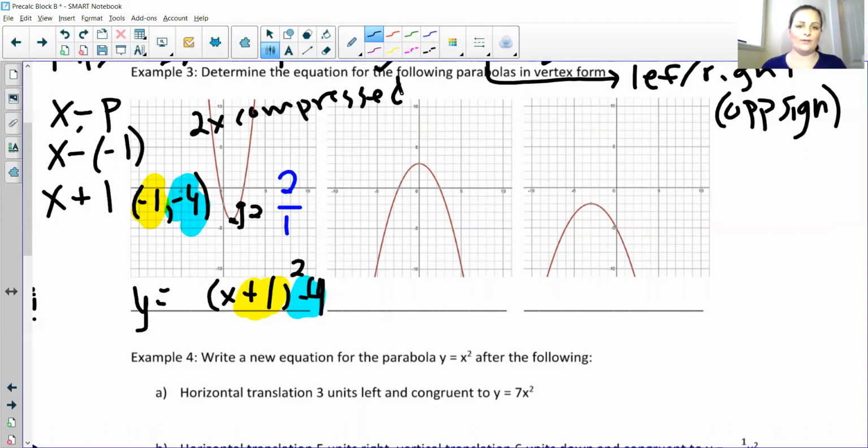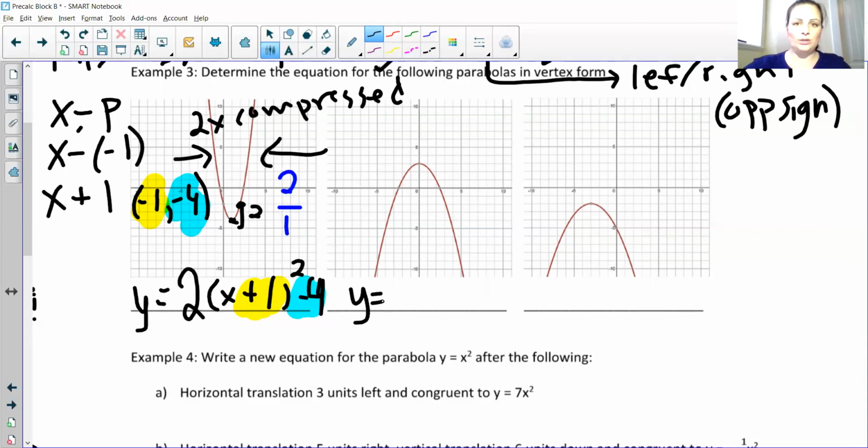And remember, if the absolute value, positive or negative, is more than 1, it gets compressed. So that means this gets squished this way. That means this is a 2 in the A position. And it's a positive 2 because it opens up. I want you to pause the video here and try the next one.